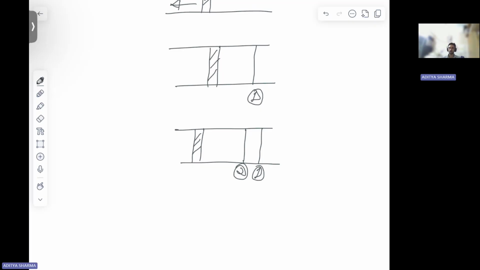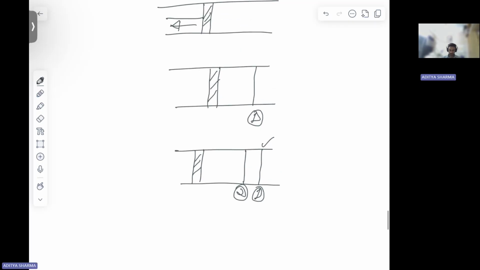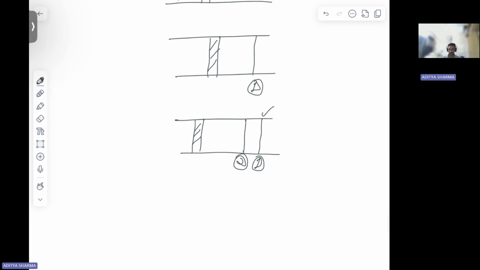So your pressure is going to decrease. Static pressure and static temperature both are going to decrease here. That is the reason the speed of the second expansion wave is going to be lower when you compare it with the first expansion wave.